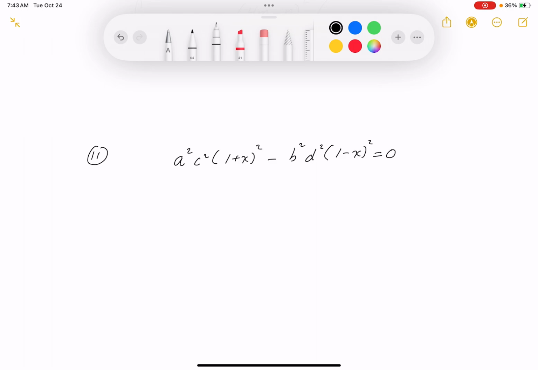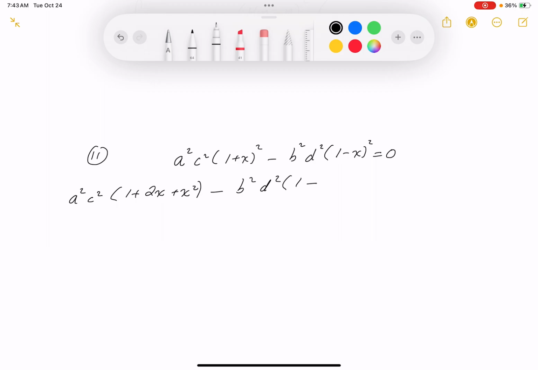What I want to do is rewrite it like I did before, by the way. To do that, I'm going to square those things out. So you get a squared, c squared, and this will give you 1 plus 2x plus x squared, and we're trying to solve for x, by the way, minus b squared, d squared.